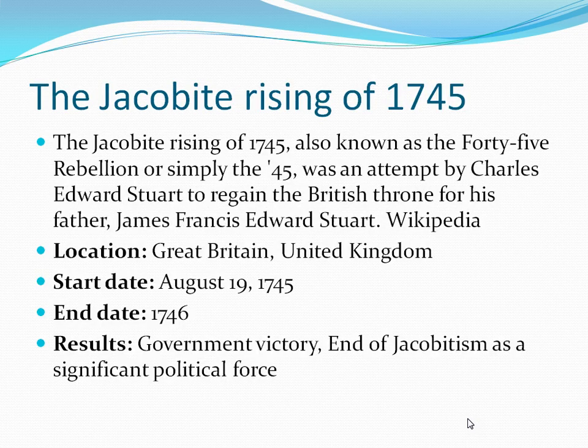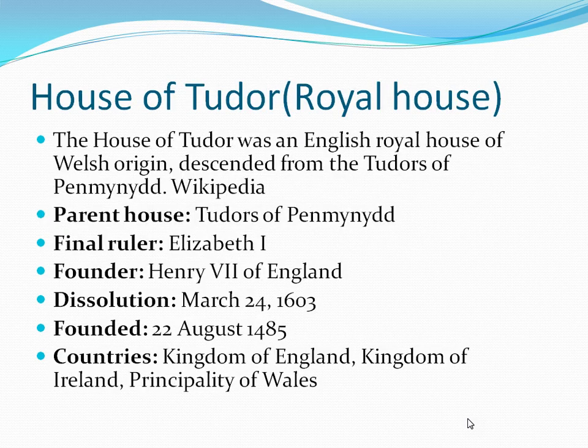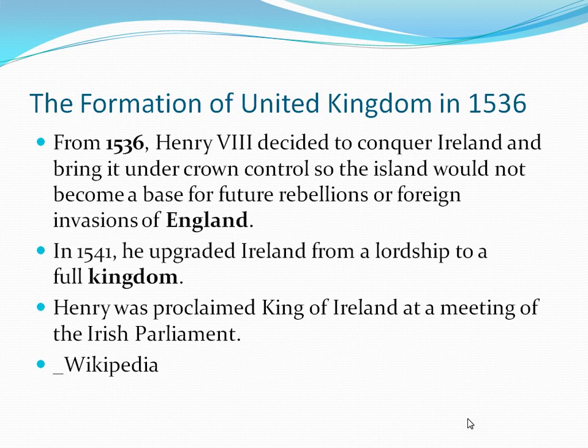And the Jacobite rising in 1745, also known as the '45 Rebellion or simply the '45, was an attempt by Charles Edward Stuart to regain the British throne for his father James Francis Edward Stuart. So this country, again House of Tudor, and also the formation of the United Kingdom.